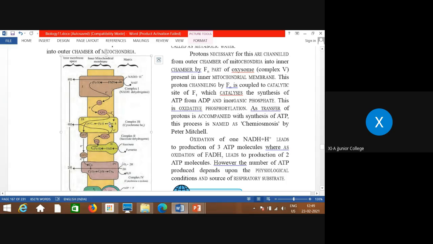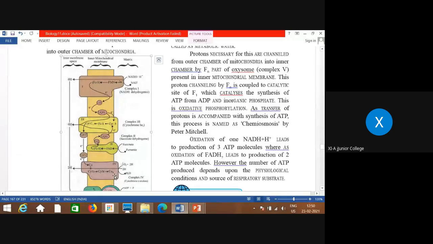I just told you before that electrons are carried by these electron carriers through the F1 particles, whereas in the base, which is called F0, the protons are transmitted, and there these protons are accepted by oxygen to form a water molecule, called metabolic water.